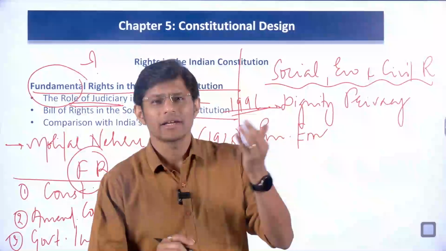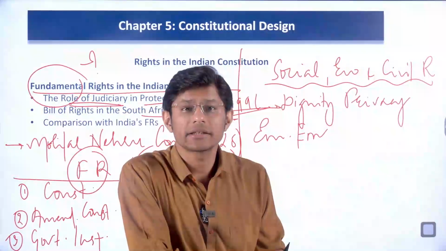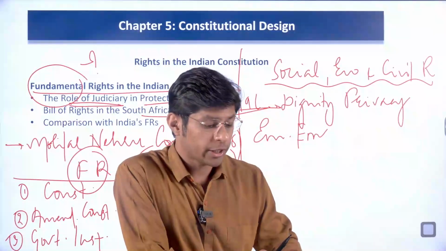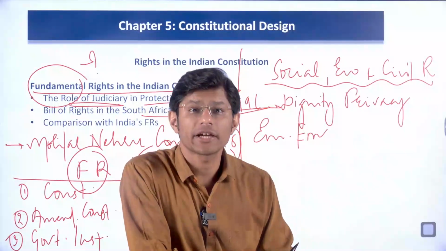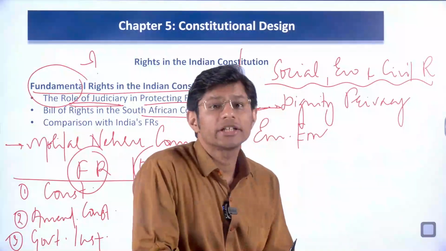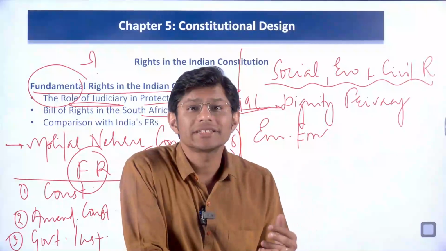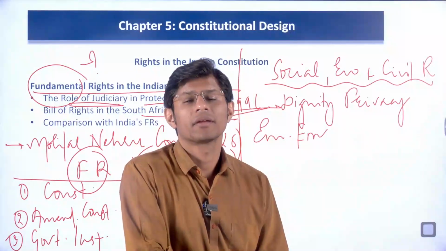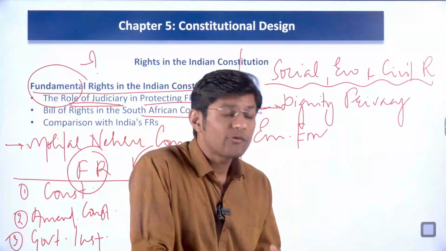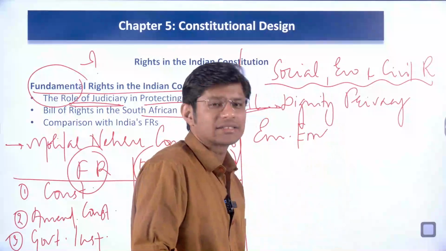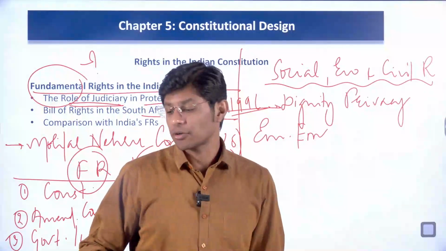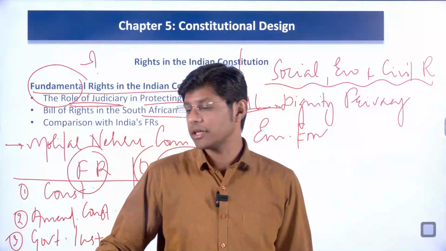Then other rights like the right to health, right to food, right to water, social security, right to education, right to cultural, religious, and linguistic identity, right to information. These are the different rights mentioned in the South African Constitution.